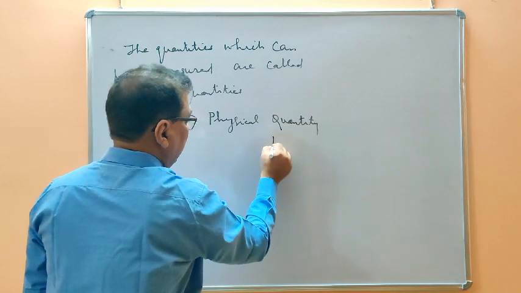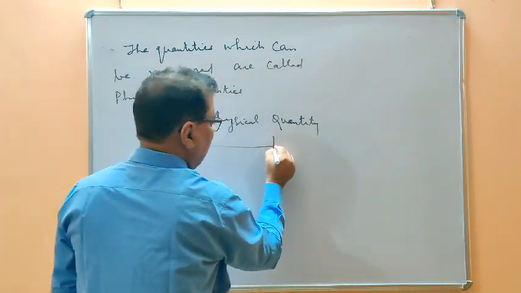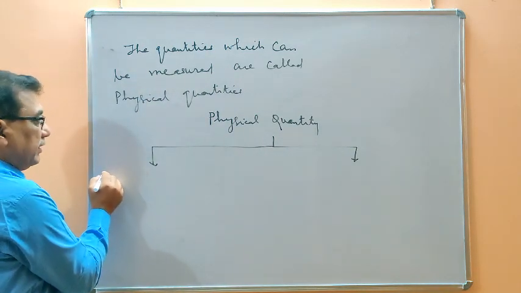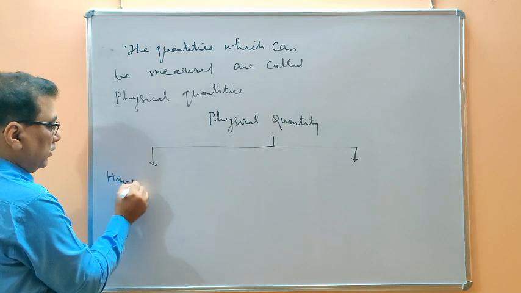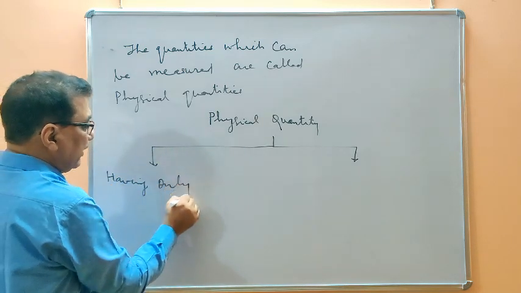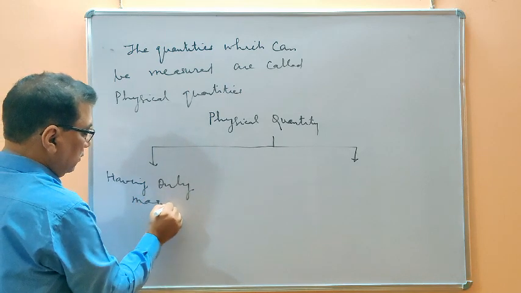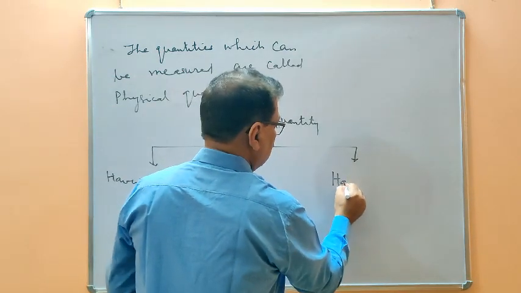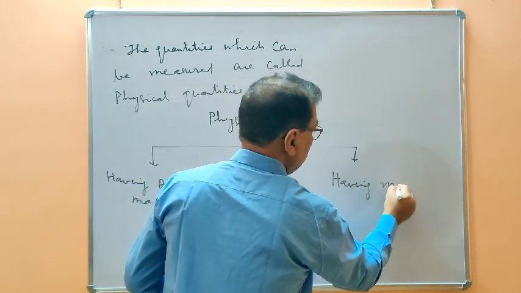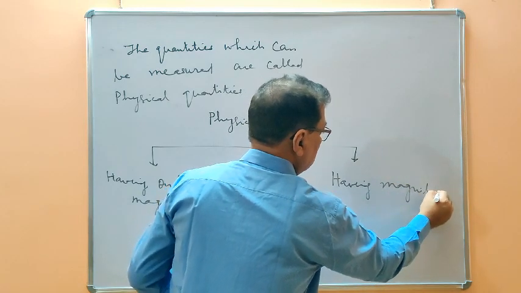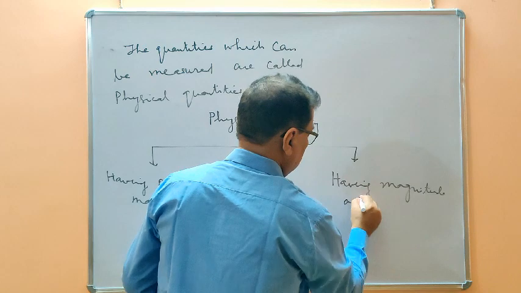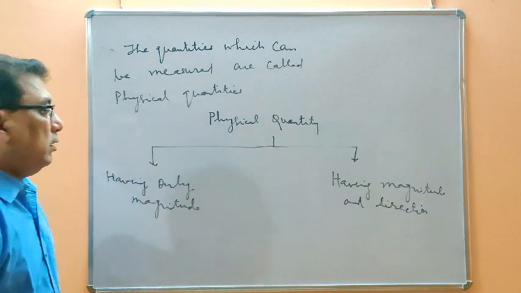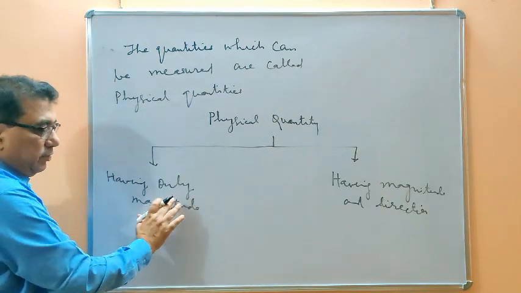you should know that when we go for measurement, we come across two situations. First, physical quantities having only magnitude, and second, quantities having magnitude and direction. So these two types of physical quantities can be measured.